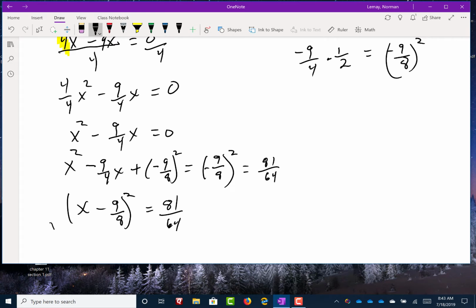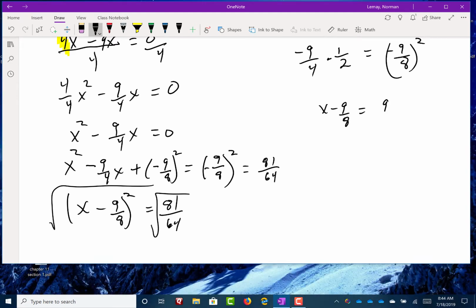So now if I square root both sides, I get x minus 9/8 has to equal plus or minus the square root of 81 over 64. The square root of 81 is 9, and the square root of 64 is 8. So now we get x equals 9/8 plus or minus 9/8.